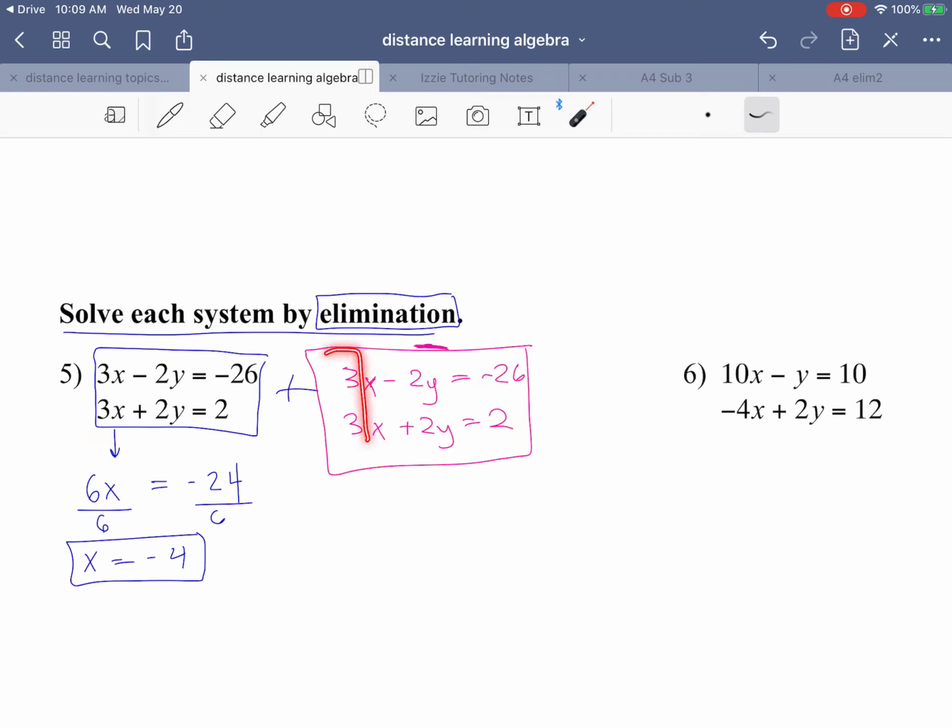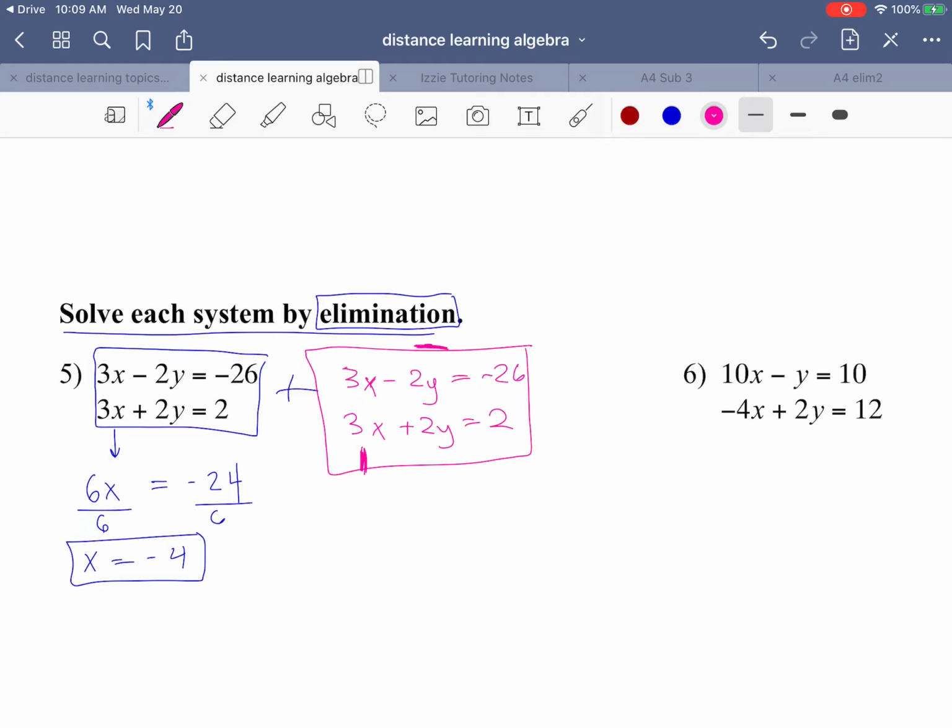They cancel because the coefficients are either the same or opposite. When they're the same, if we use subtraction, they'll cancel. And when they're opposite, if we use addition, they will cancel. So this one's already set up to just add and subtract, and the appropriate things will cancel. So here, the x's cancel.